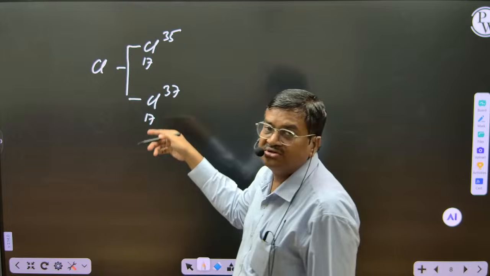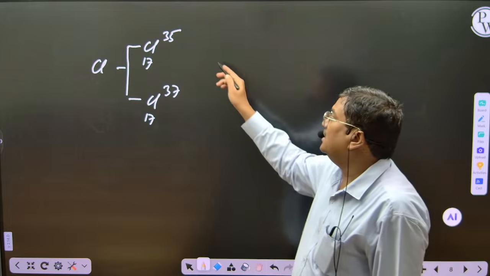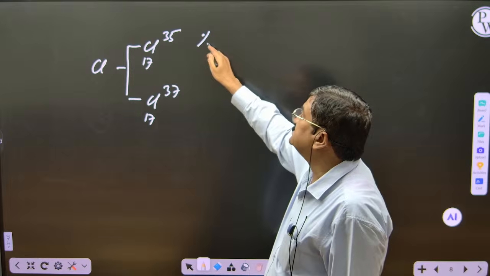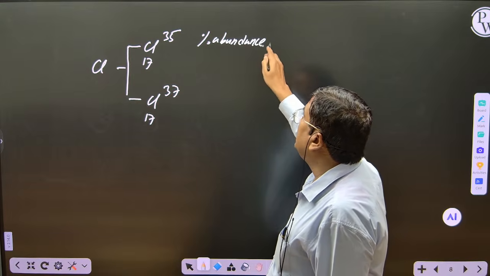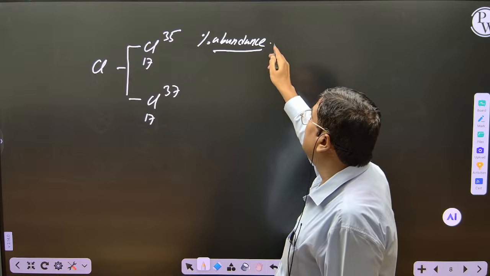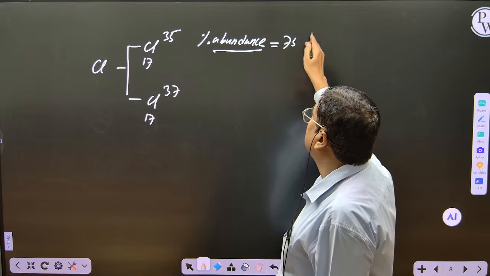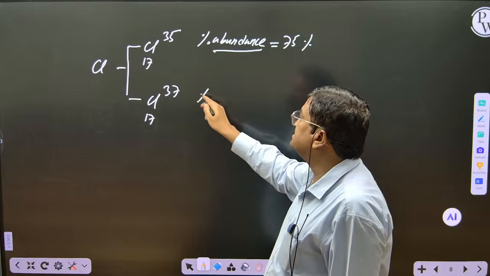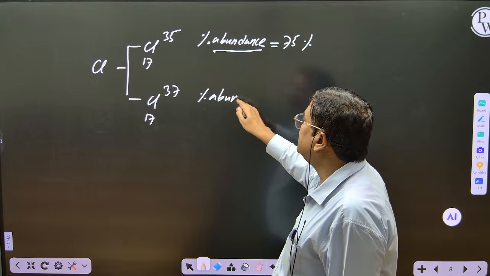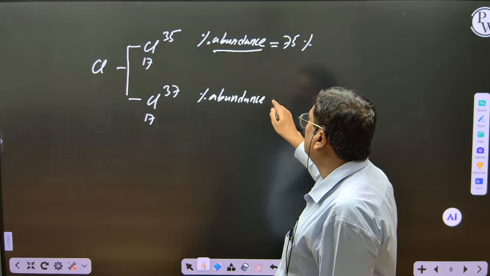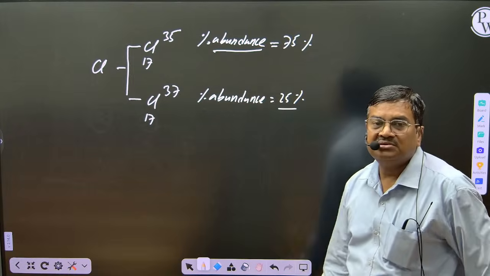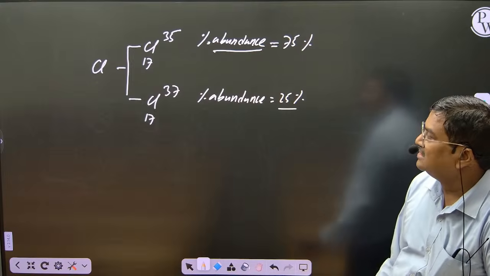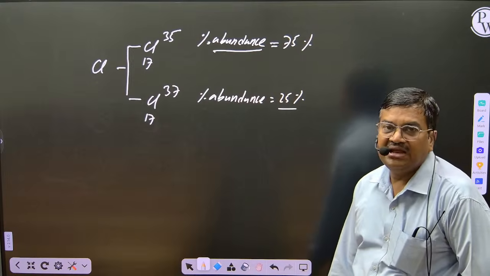These are the two isotopes of chlorine, and here they give you percentage abundance. Abundance means availability. The abundance of the first is 75%, and for the second is 25%.